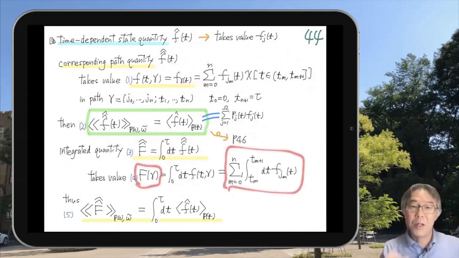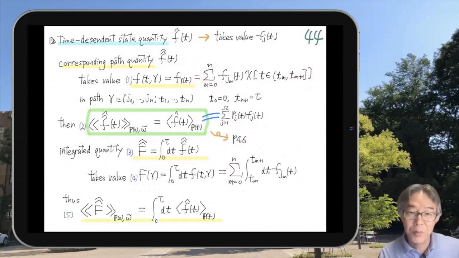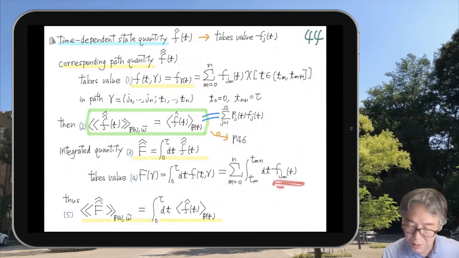This is a very natural path quantity associated with a state quantity like this. You are simply integrating over the whole time interval, looking at the value of f at each time.